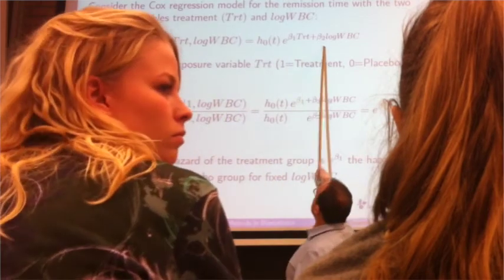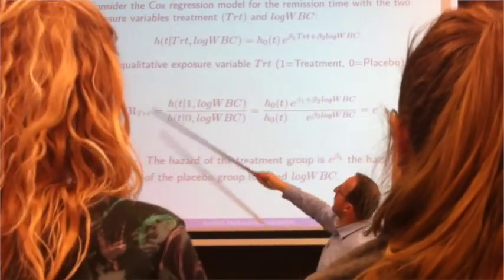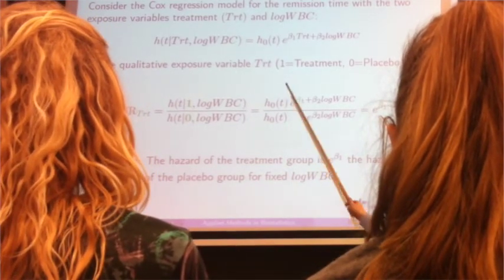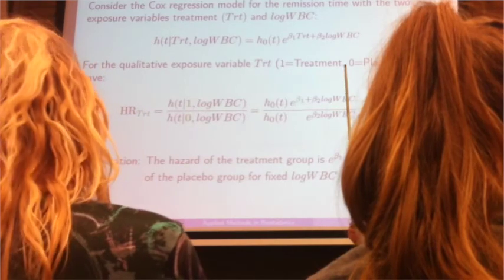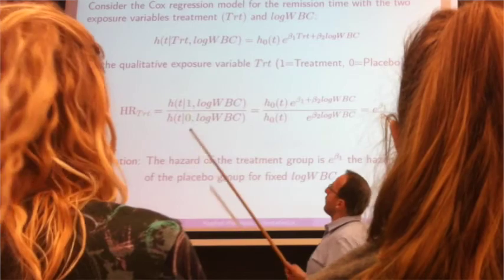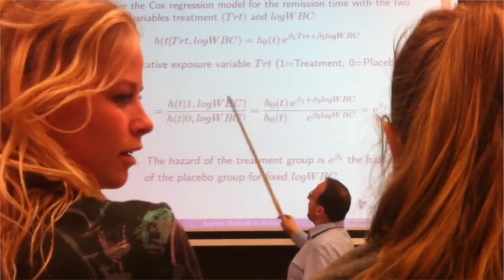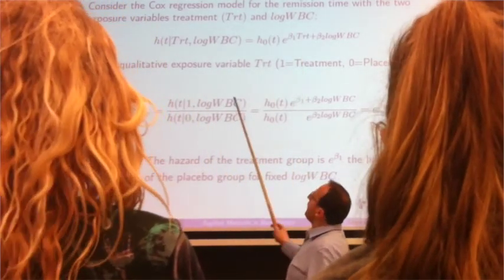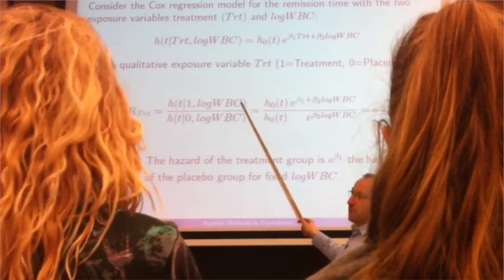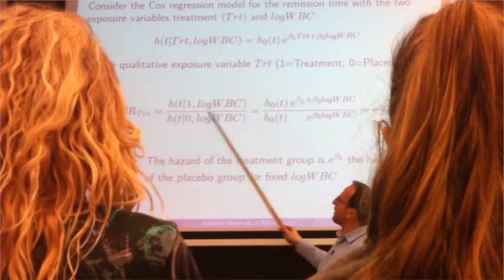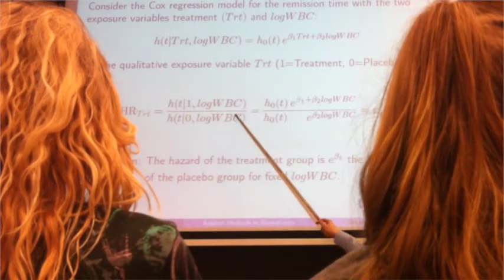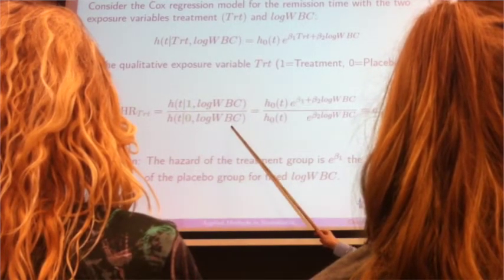So, what does this coefficient beta 1 or beta 2 mean? For the exposure variable treatment, which was coded with 1 as the treatment, the chemotherapeutic substance, and 0 with placebo, we have the following. At first, we calculate the hazard for the treatment group, keeping the logarithm of white blood count cells constant, and relate this hazard to the hazard function in the placebo group, keeping the logarithm of white blood count cells constant.